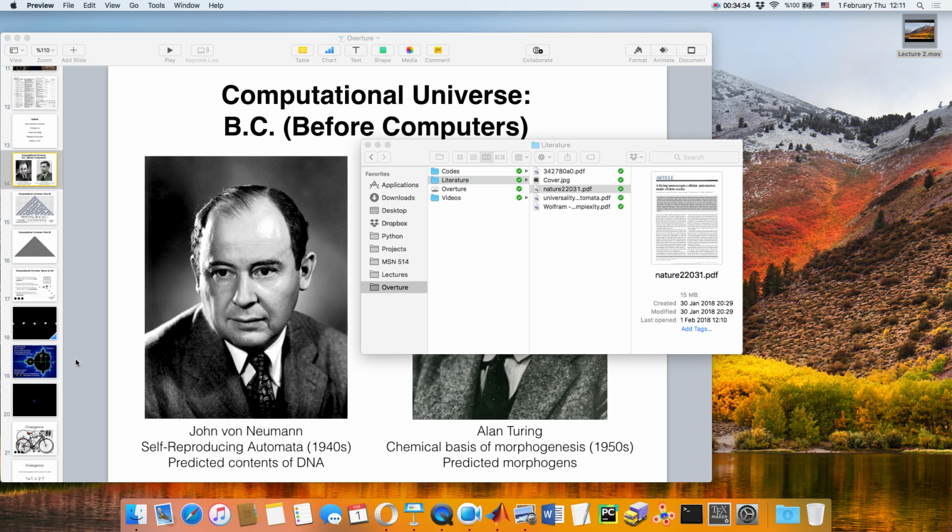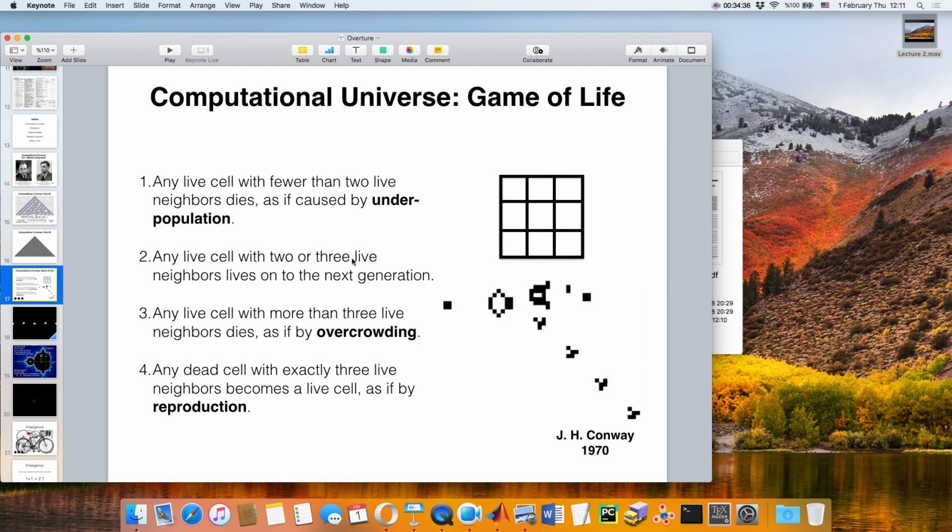Okay. So let's now try coding this one, Game of Life, okay? Let me tell you first what it means. Again, this time you have a two-dimensional mesh of ones and zeros, and 1 means alive, 0 means dead, okay?